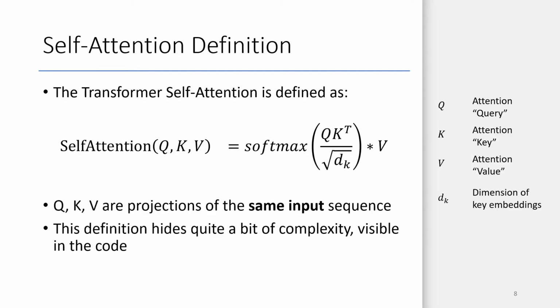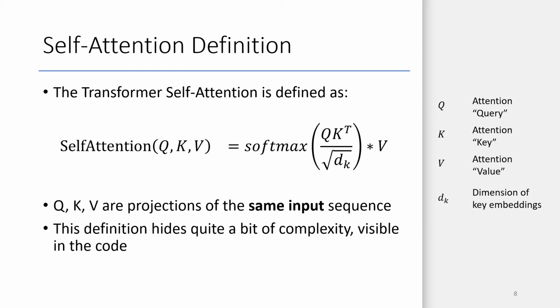In the transformer paper, this attention mechanism is formally defined as follows. So we have again our Q, K, and V values that are those projections. So this formula hides quite a bit of complexity.